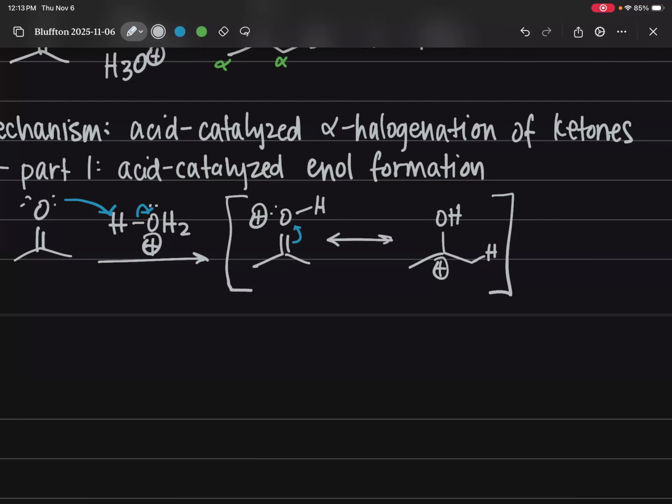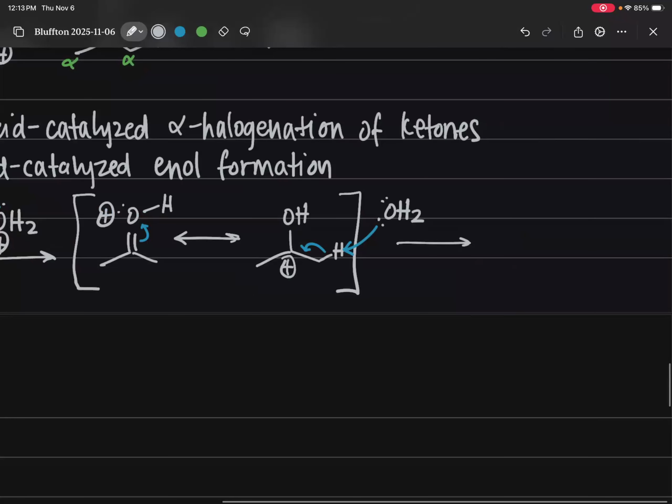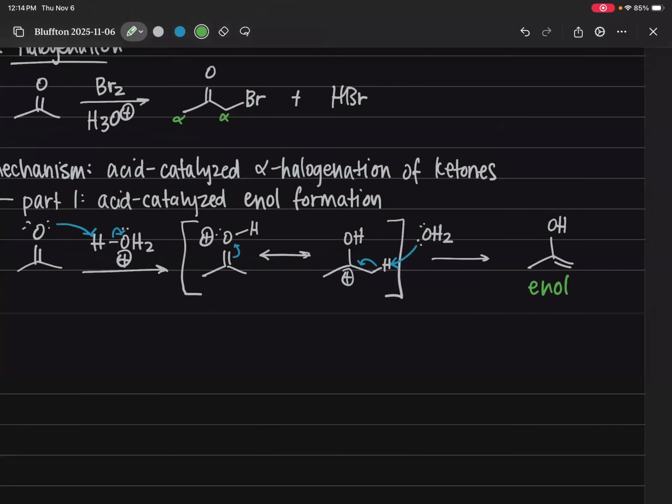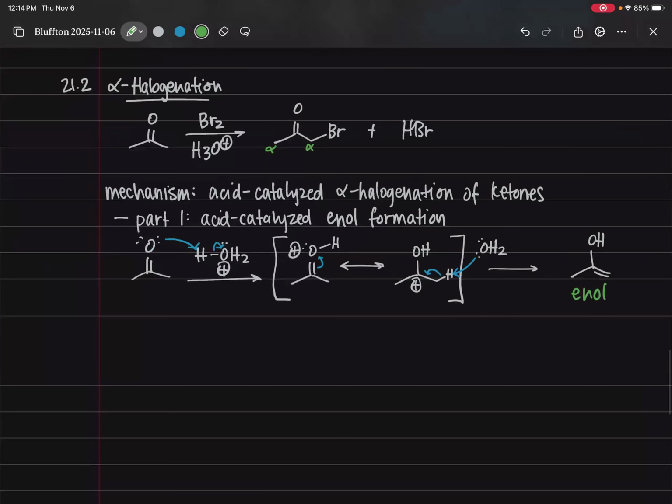And we can do that just with water. And here, because we've got that positive charge, we can draw the electrons to form a double bond. So that should be exactly identical to what we just did before.